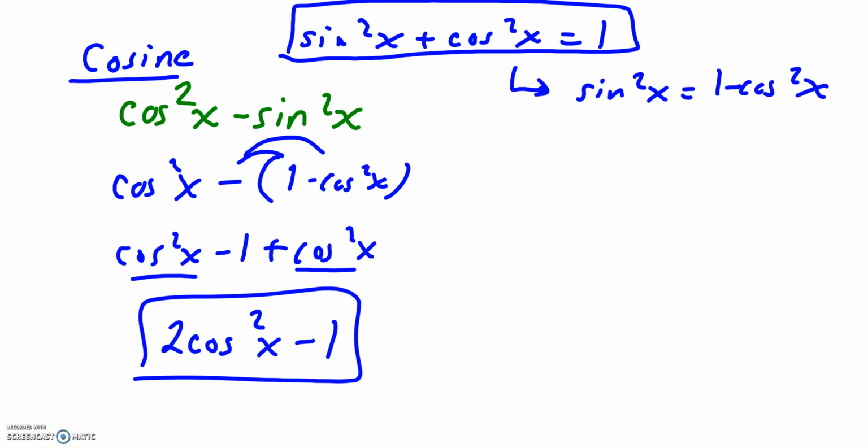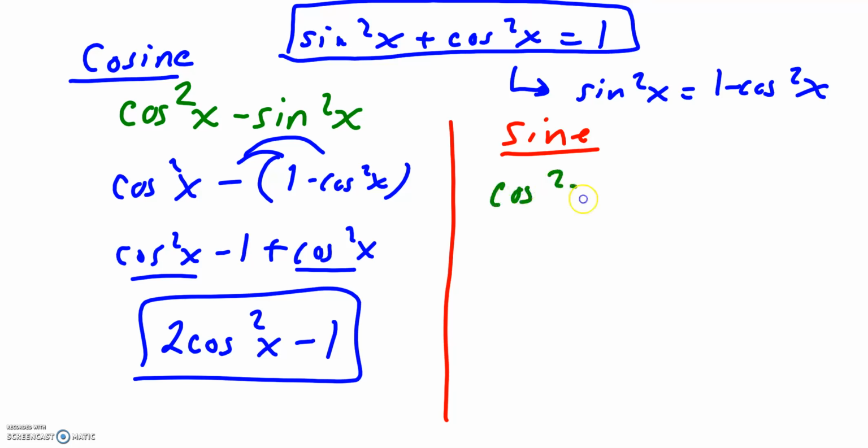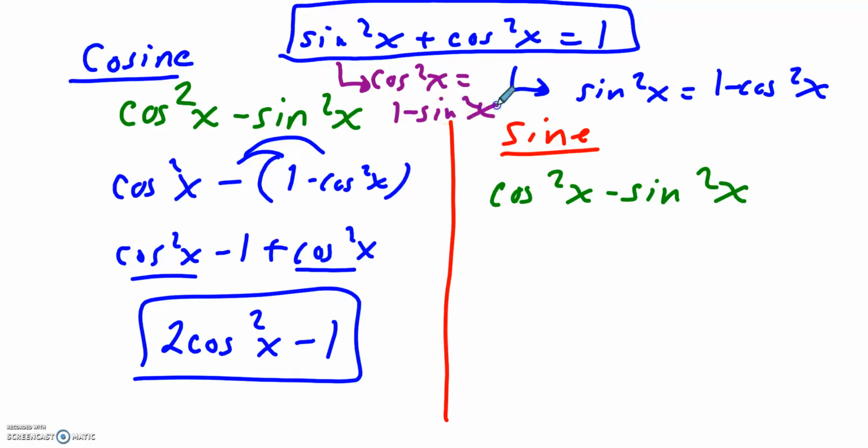If I wanted to do the same problem again, but instead I wanted to get everything in terms of sine, not cosine. If this was what I was given as my answer, or this is how far I got in the problem, and I knew that I wanted to convert everything to the same trig function, you could use this same idea. From this original function, you could say that cosine squared x is equal to subtracting the sine over here, so equal to 1 minus sine squared of x.